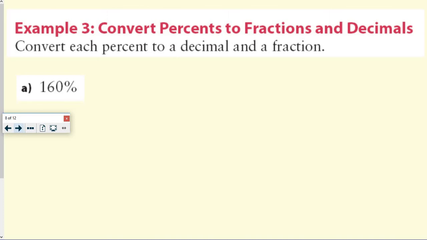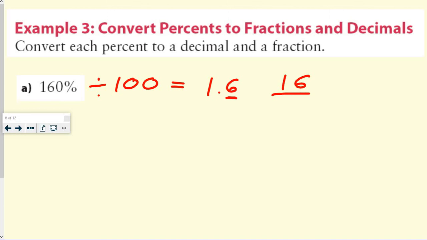Convert percent to fractions and decimals. So this has an extra added step to it. It's a little bit tricky. We need to divide this by 100 because it's a percent, because we're going from percents to decimals. So 160% as a decimal is 1.6. We know that there's 1 here, so we put this 16 over 10.